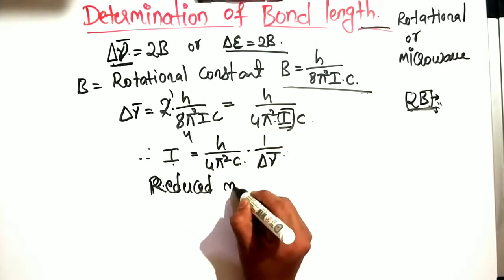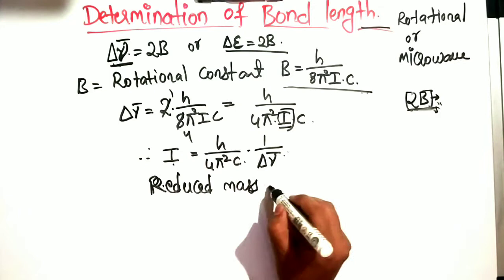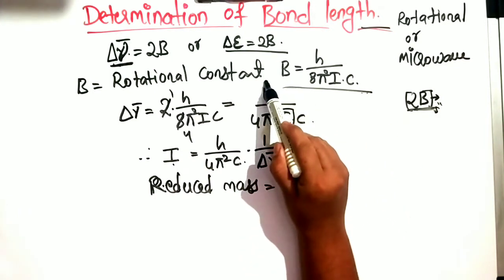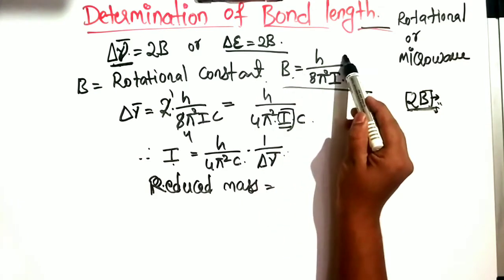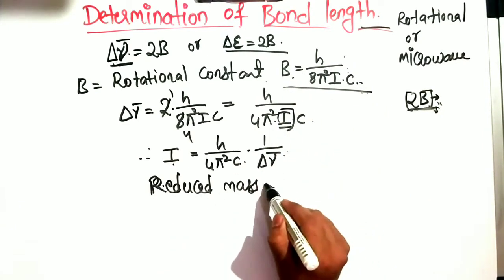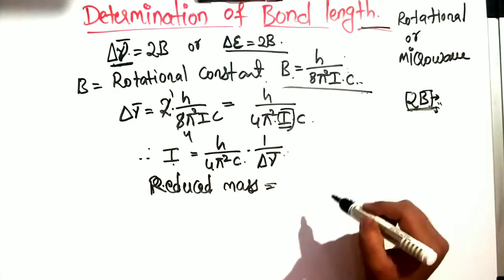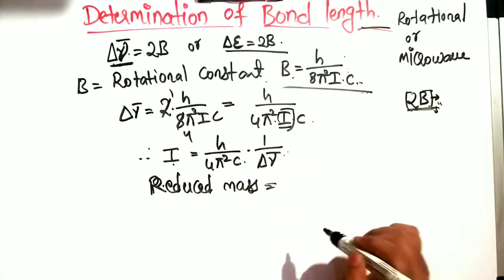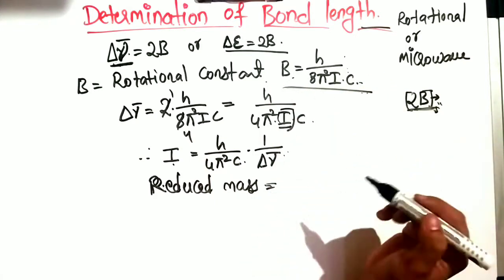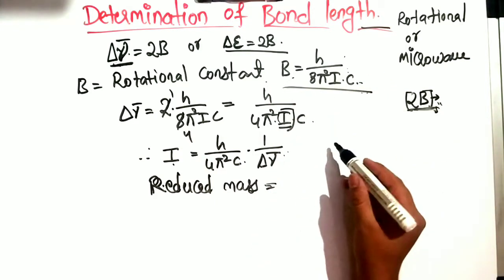Just note down the terms we are using here. We are using the rotational constant, that is B. B value is h divided by 8 pi square I, and here we are using reduced mass. These terms or equations we have derived already. We are just taking those terms and substituting them in the next equations.